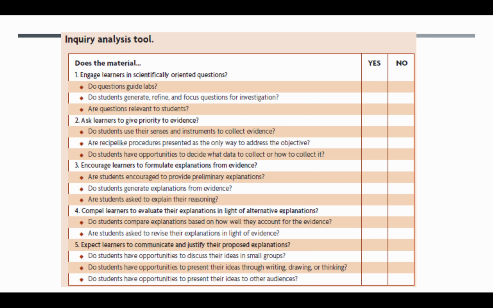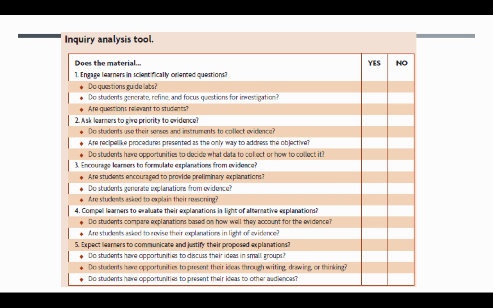Third, learners are encouraged to formulate explanations from their evidence. Fourth, learners are asked to evaluate their explanations in light of alternative explanations. And fifth, learners are expected to communicate and justify their proposed explanations.